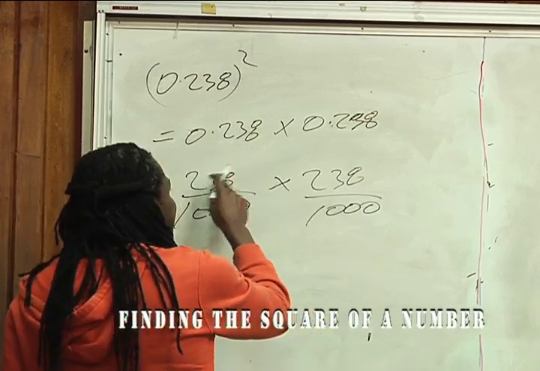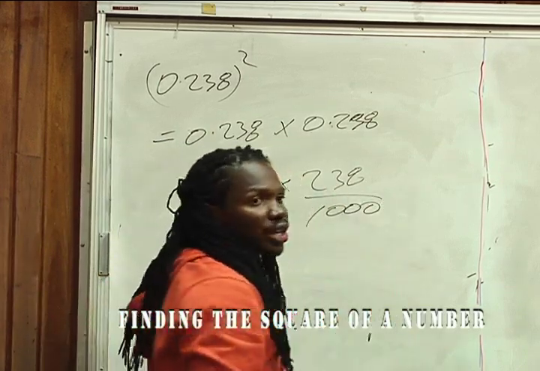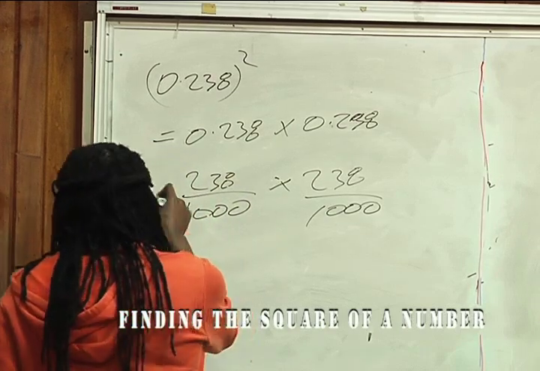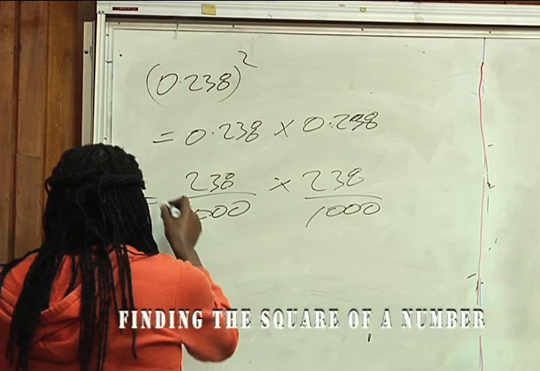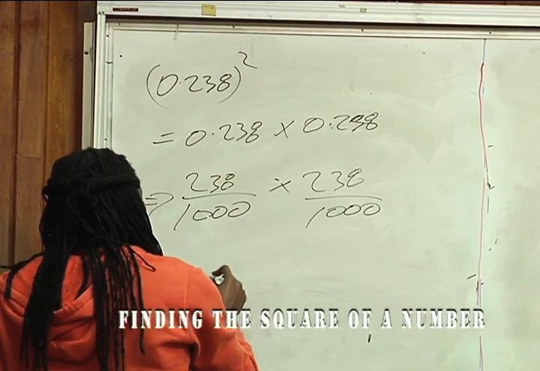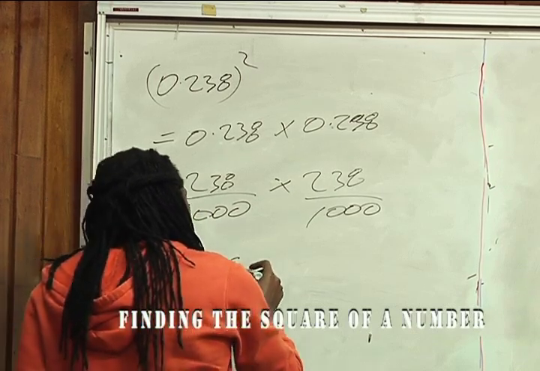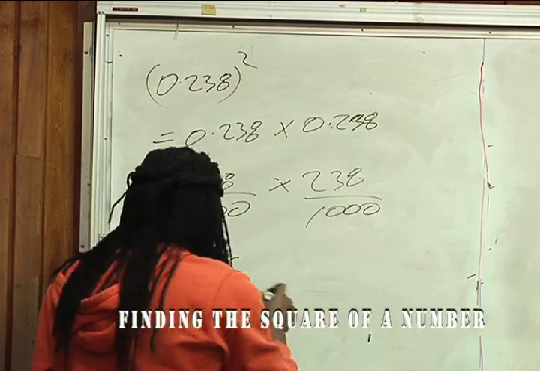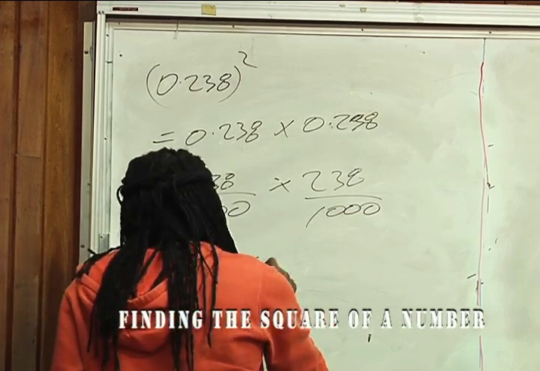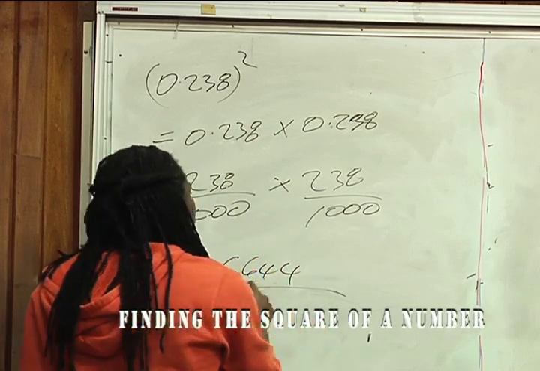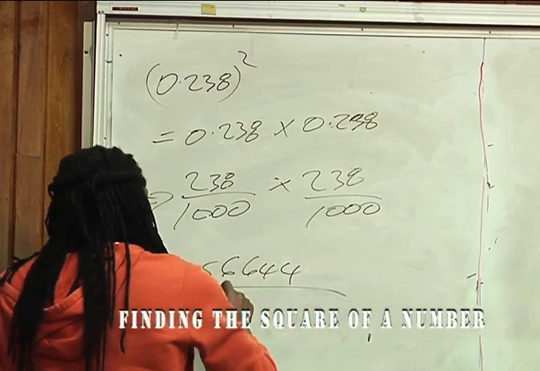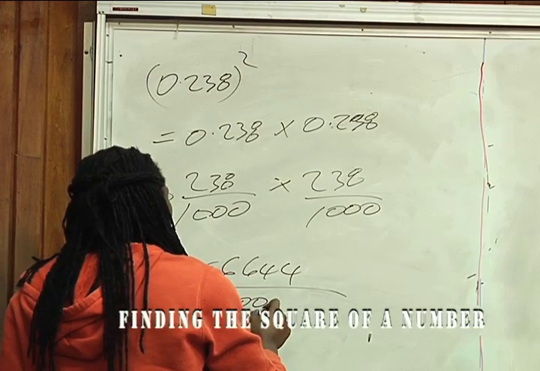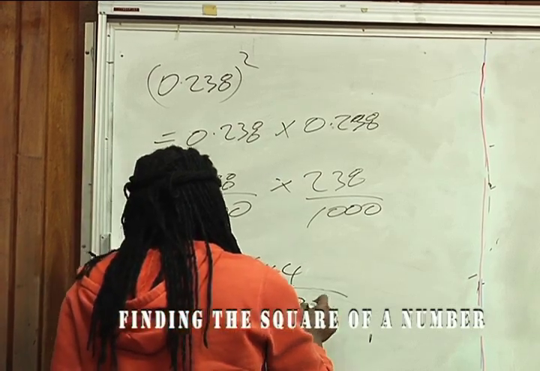So this times this, 238 times 238 is 56,644. Multiply 1,000 by 1,000, that is 1 million.